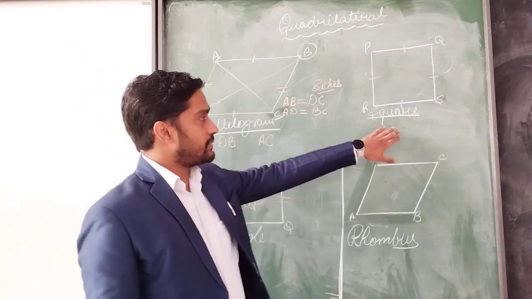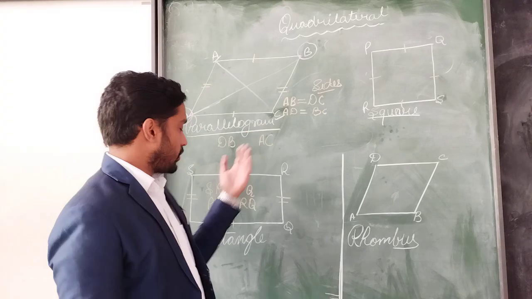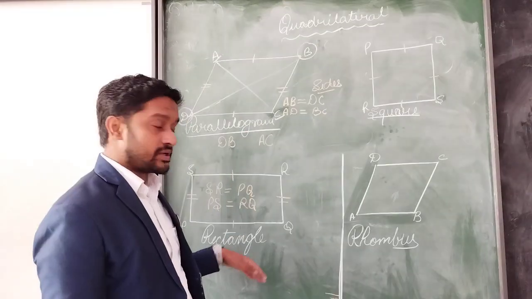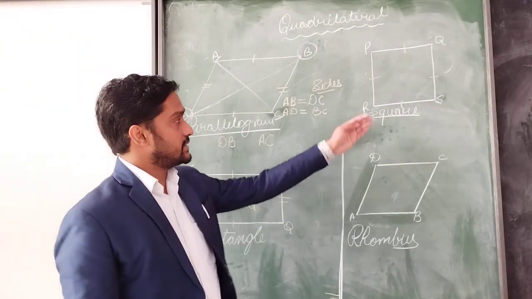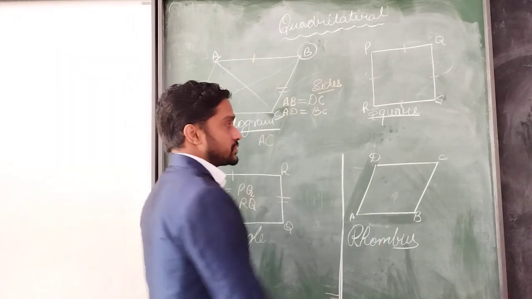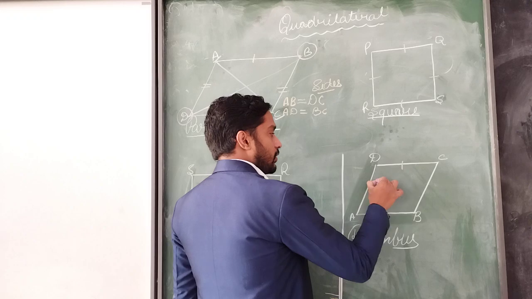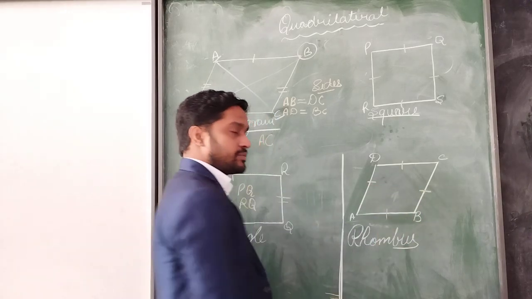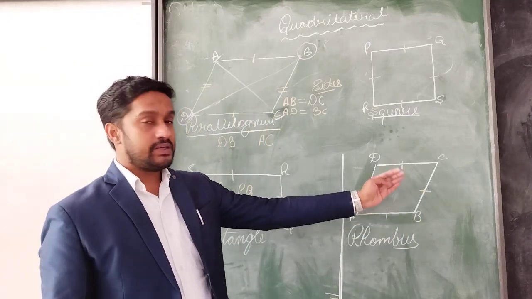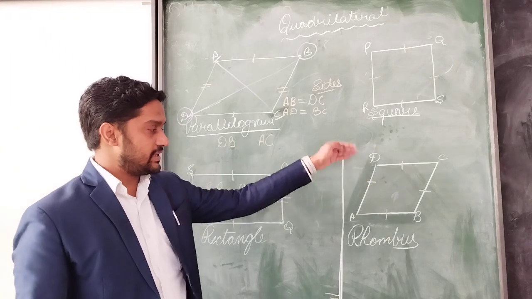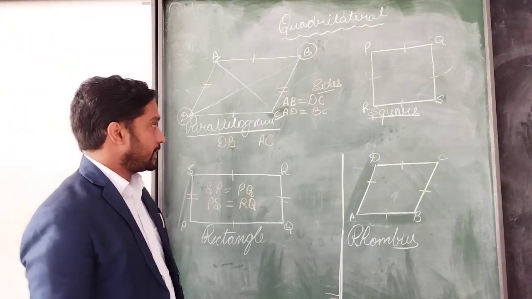Coming to the rhombus, in the same way as in a square, all sides are equal, which means AB is equal to DC, BC is equal to CD and CD is equal to DA.